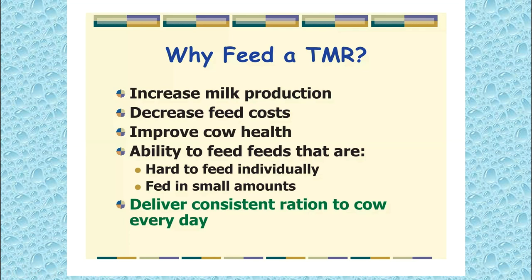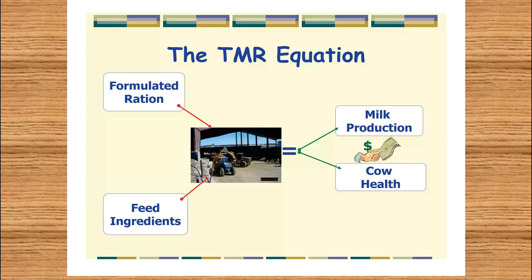Hence it is a mass feeding program. Then it delivers a consistent ration to the cow every day. How much quantity of the total mixed ration is to be given every day?